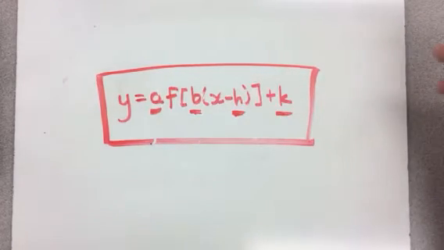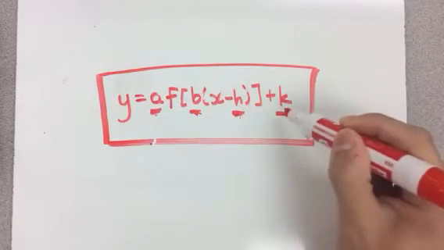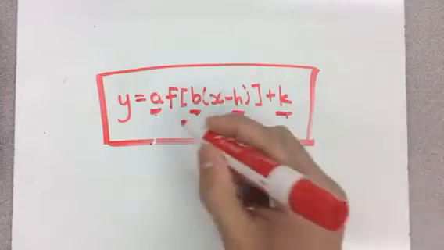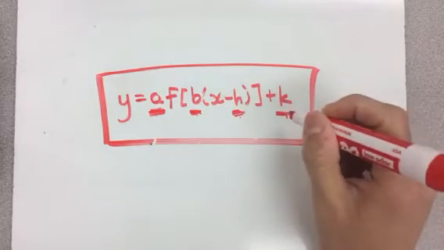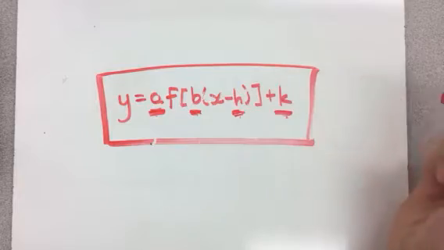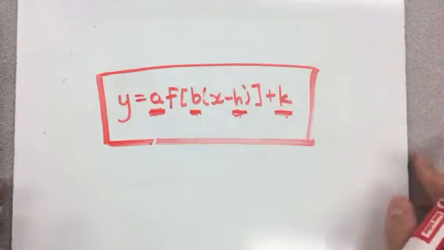Learning target for today is similar to the learning target for lesson number 7, which is just to combine transformations using a, b, h, and k. And we're going to be using these in order to transform certain parameters of our original function.